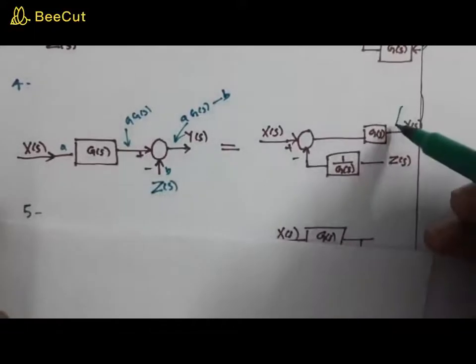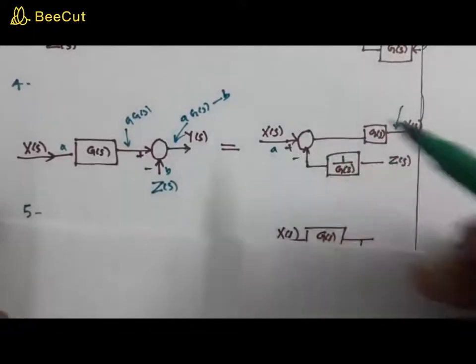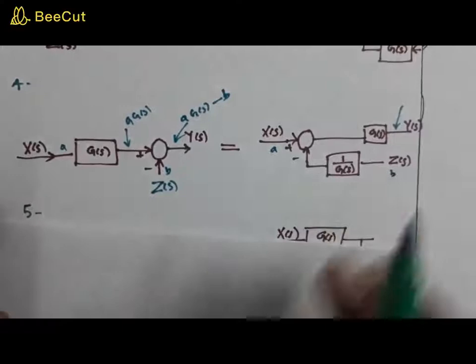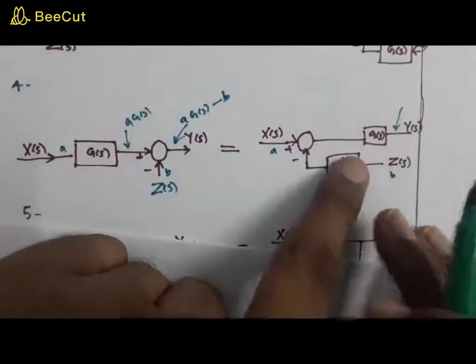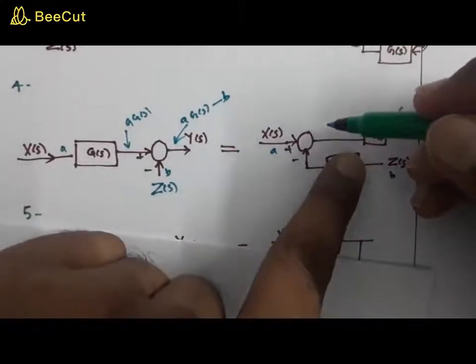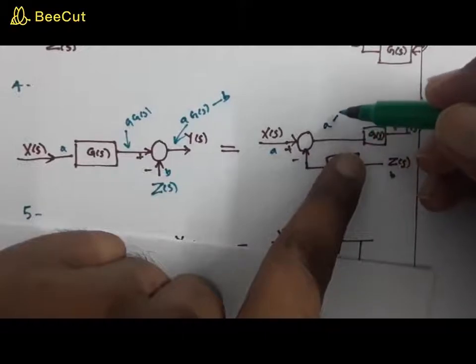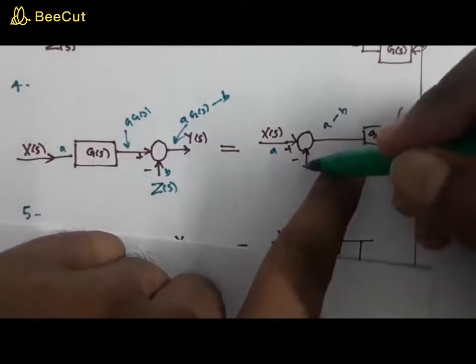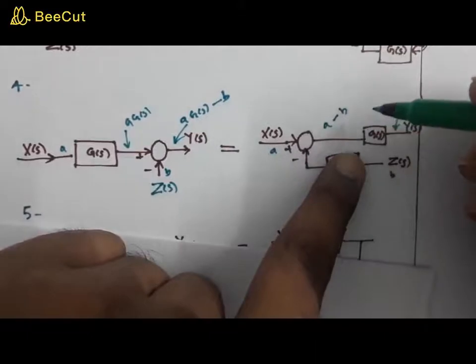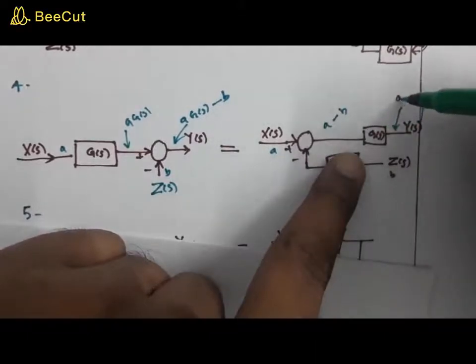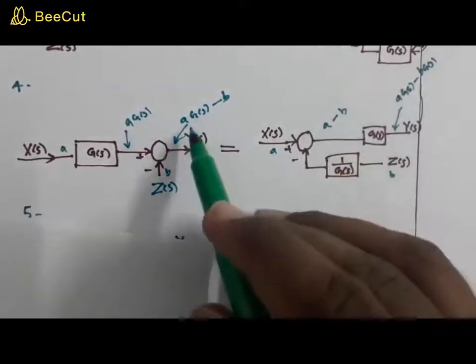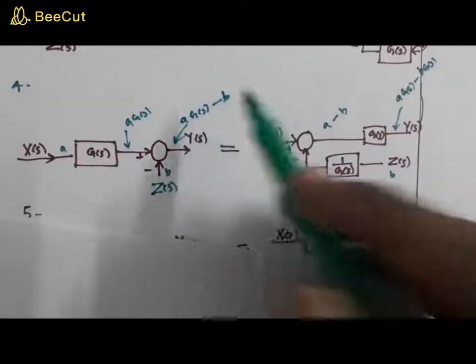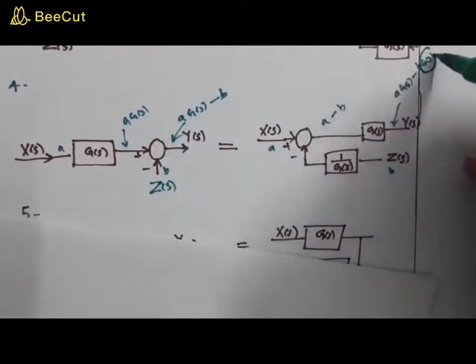Now I want to get the same signal. I'm calling X of S as A, Z of S as B. Now if there were no block, what will be the output here? It will be A minus B, if B is fed straight away. And what is going to be this? A into G of S minus B into G of S. What signal do you require? You require A into G of S minus B. This G of S on B is unwanted here, right?